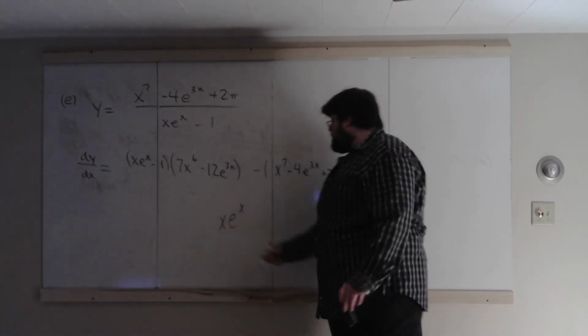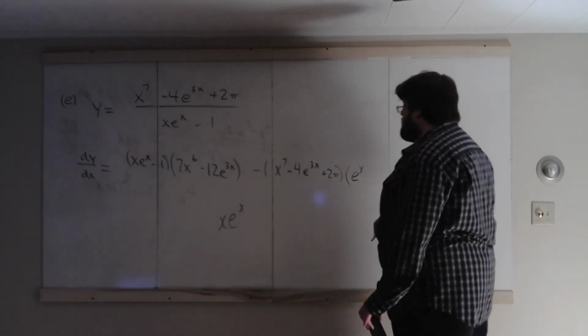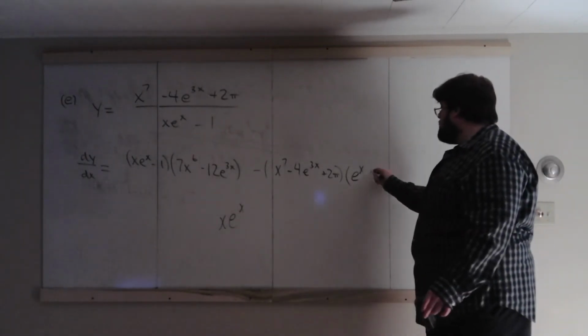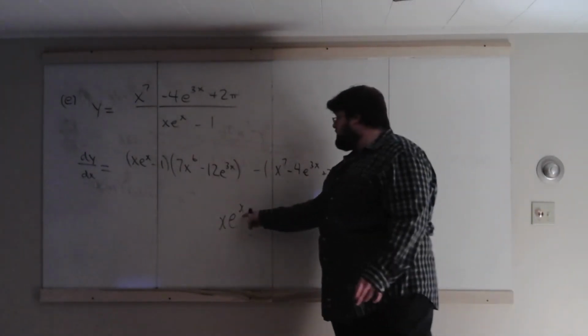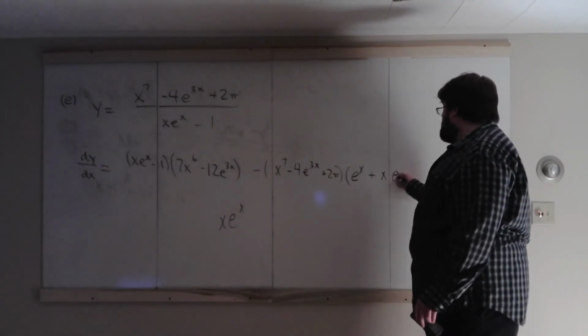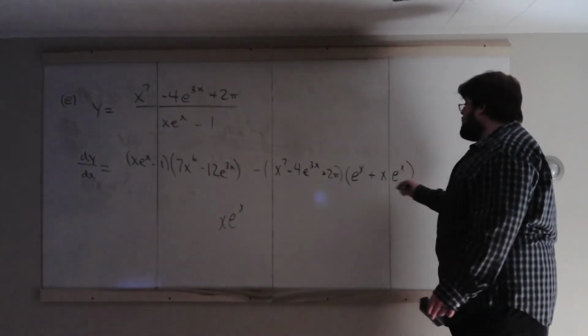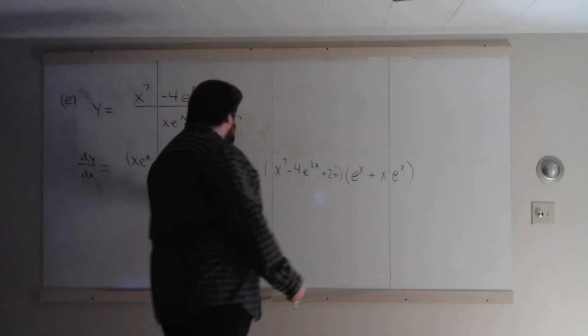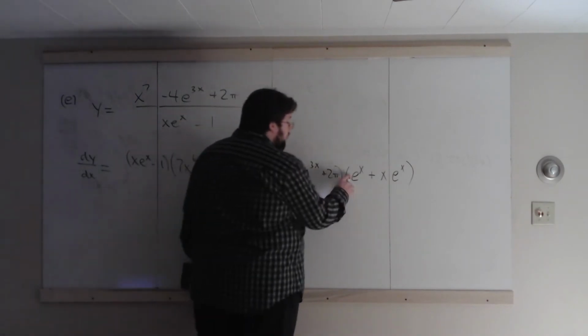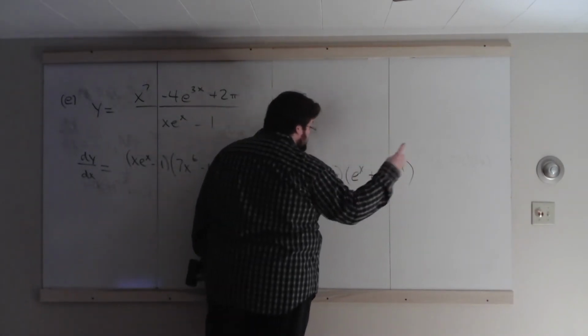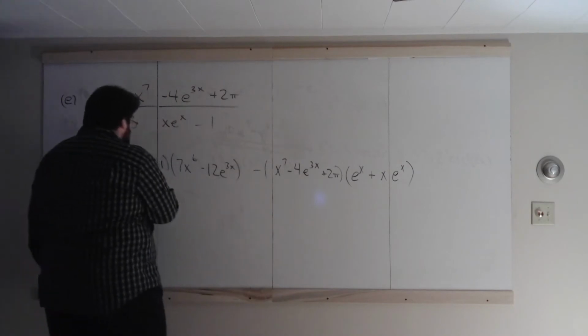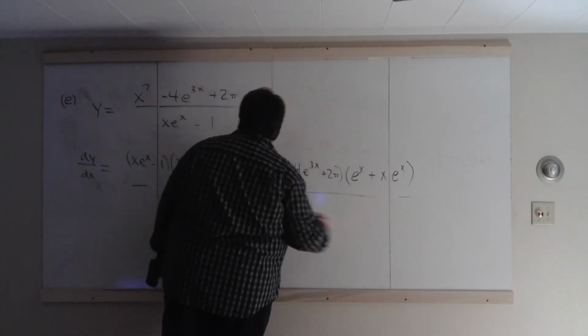Derivative of x is 1. Leave the other one alone. Plus x, derivative of e to the x is itself. And then the derivative of negative 1 is 0. So by product rule, the derivative of x e to the x is 1 times e to the x plus x times e to the x. And then this is all over bottom squared.